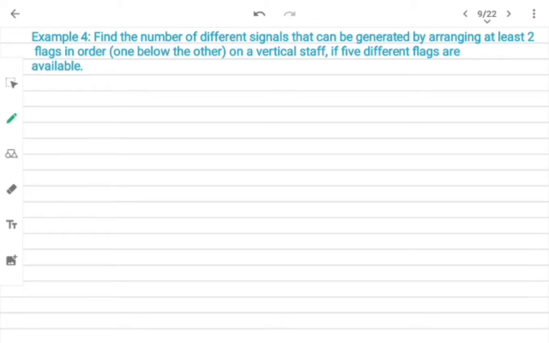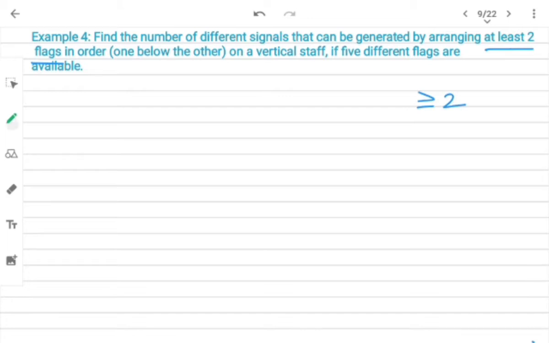Now we can form at least 2 flags. What does at least 2 flags mean? I told you already, greater than or equal to 2. So your flags can be 2 signal flags, 3 signal, 4 and 5 signals.